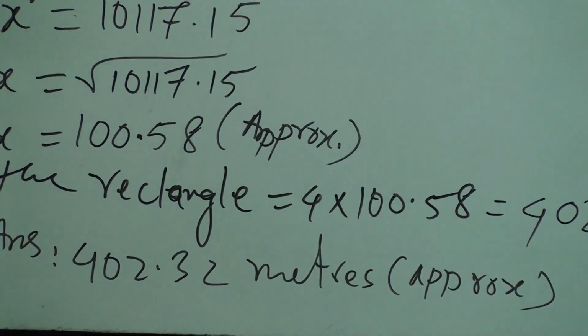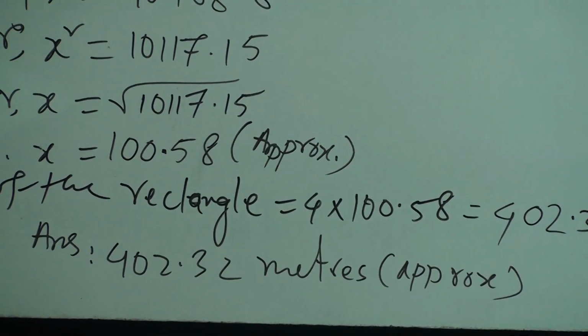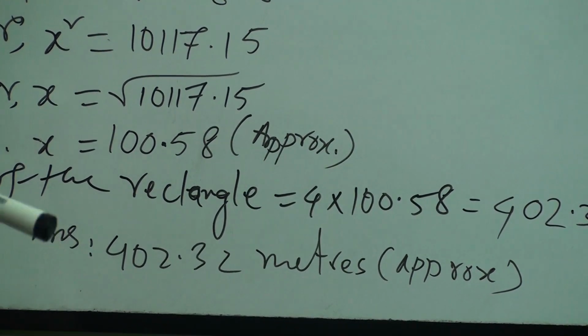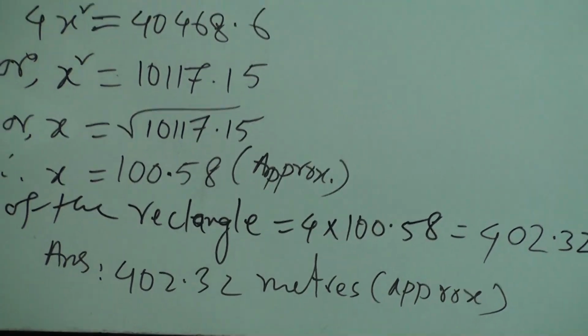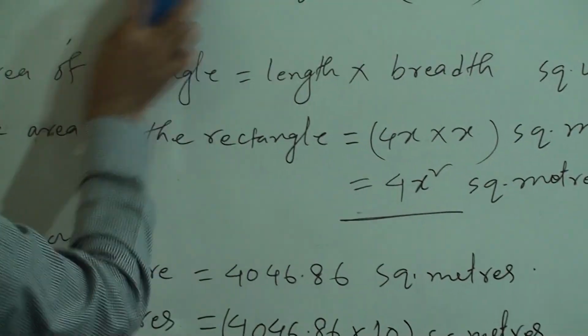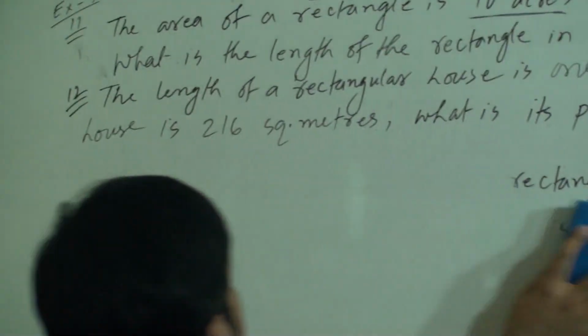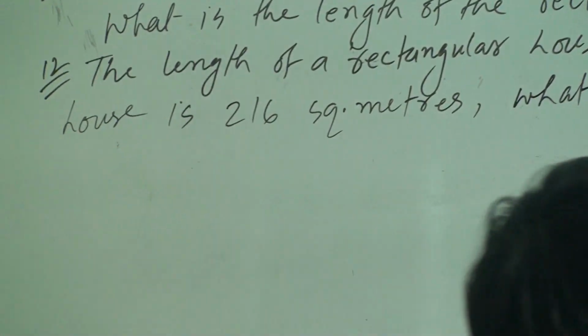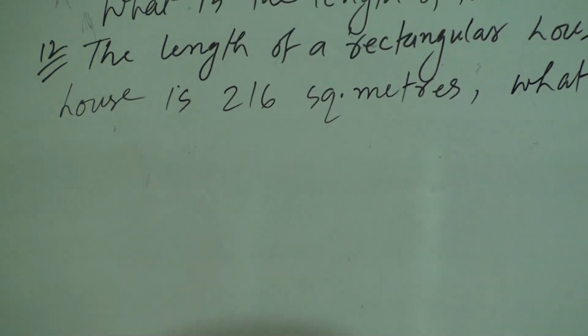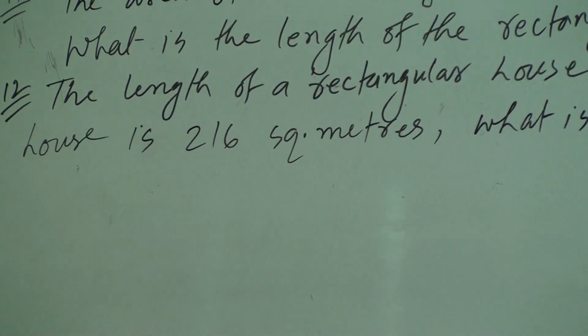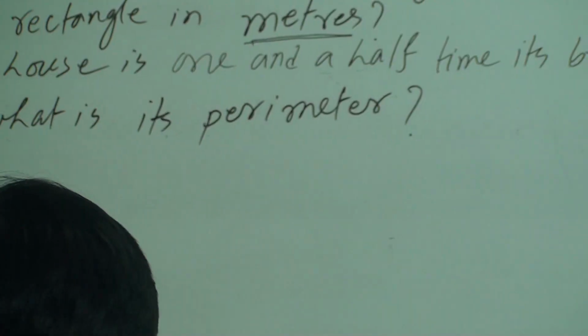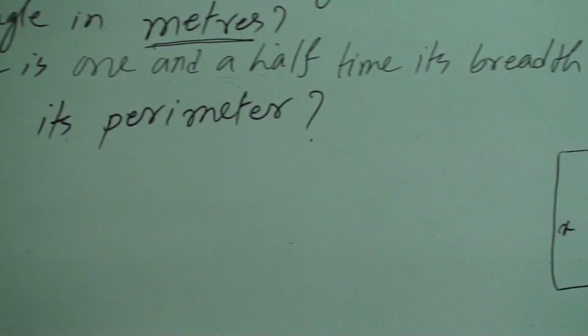Okay, dear students, so I hope you have understood the solution of question 11. Now I will solve question 12. Let us see question 12. What is question 12? The length of a rectangular house is 1.5 times its breadth.